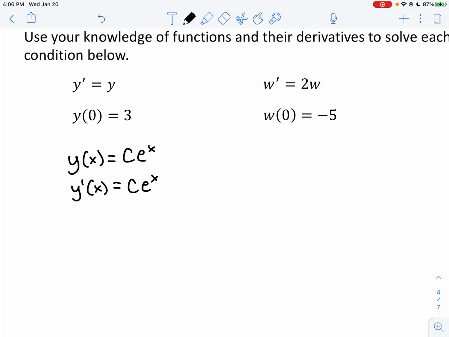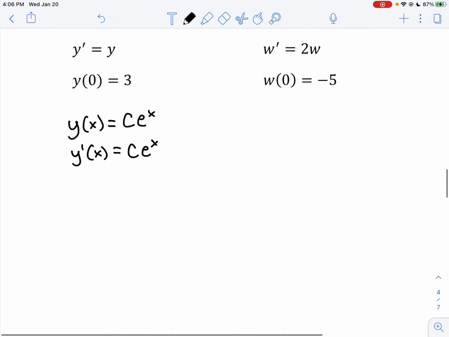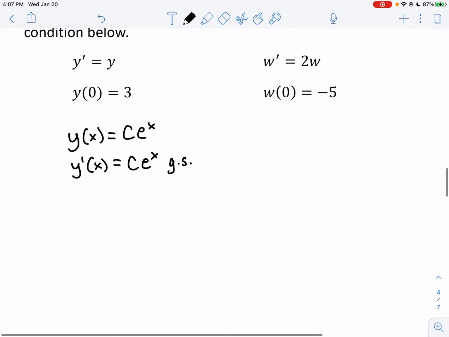If there's an arbitrary constant in front of e to the x, then we have a general solution to this differential equation, y prime equals y. So here's our general solution. I'm going to put GS next to that for general solution. Now let's find the particular solution using this initial condition.